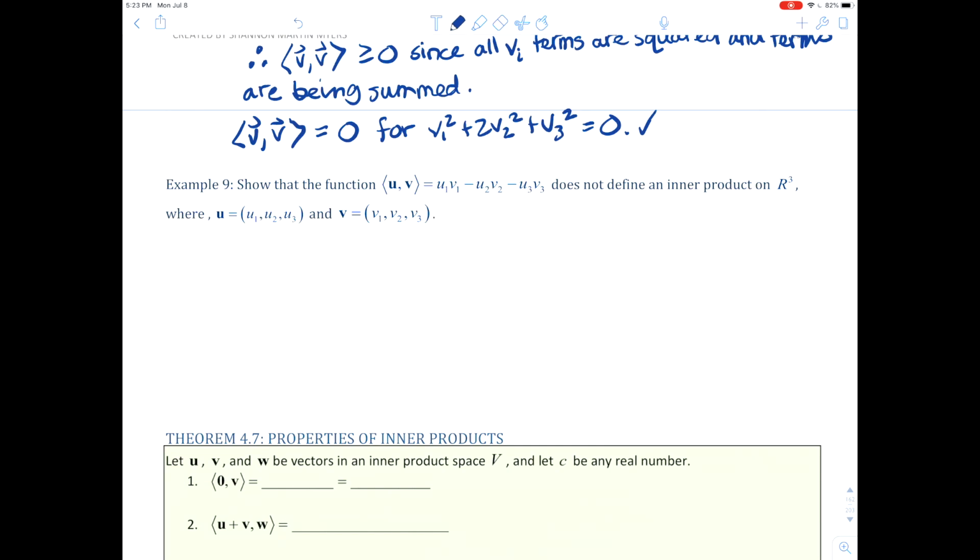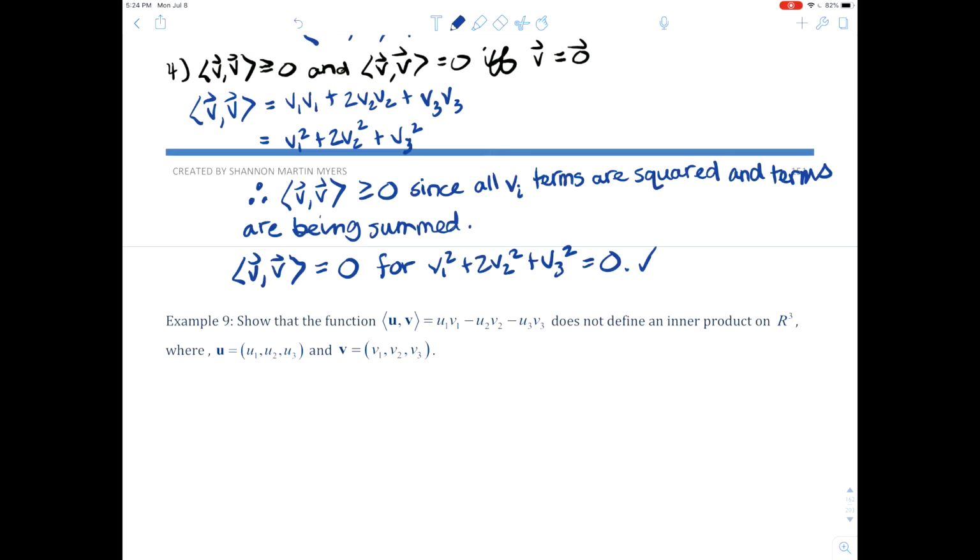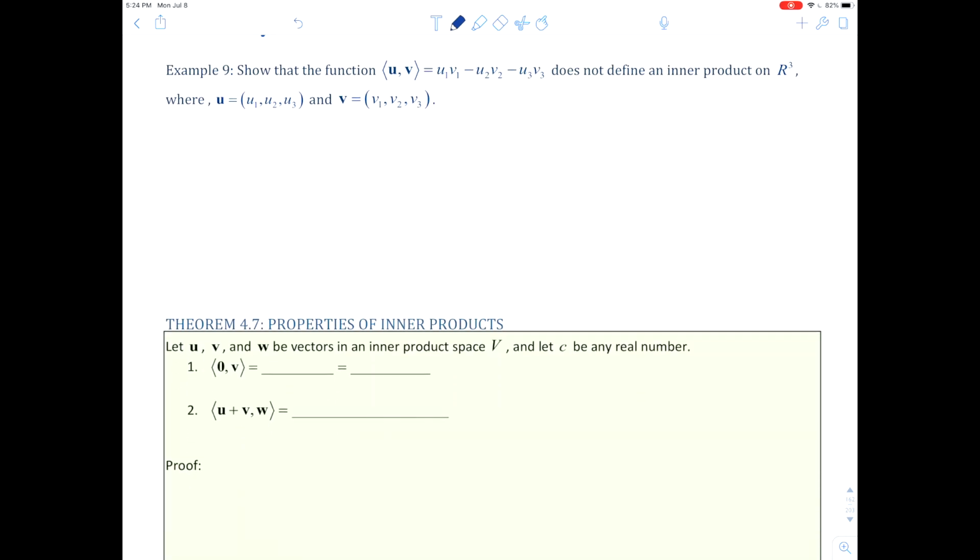In order for the inner product of a vector with itself to be 0 and greater than or equal to 0, it has to be the 0 vector in order for it to be an inner product space.